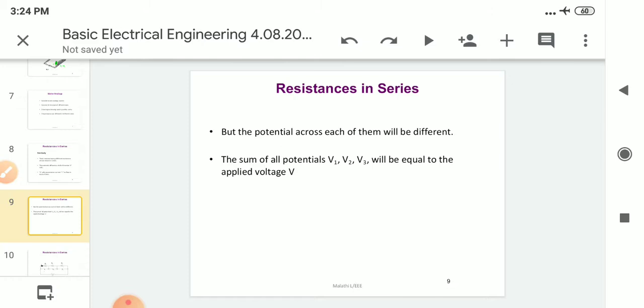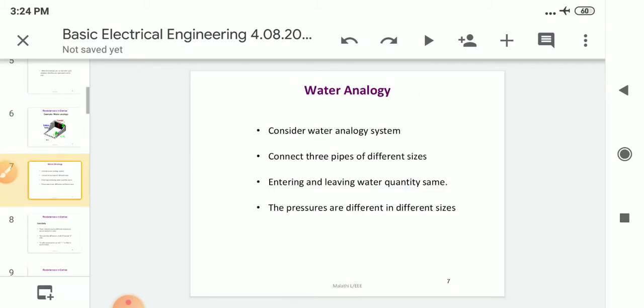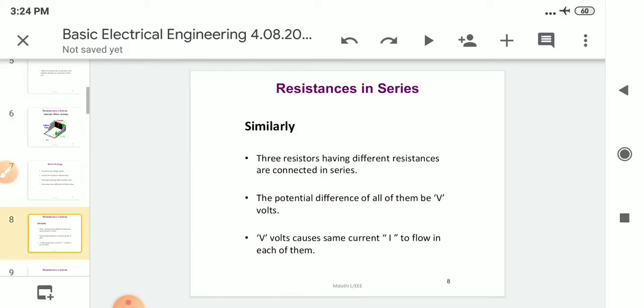In the water analogy, we are using three different types of pumps of different sizes. Inlet and outlet water are the same. Due to the difference in sizes, the pressure built up in the pumps is different.